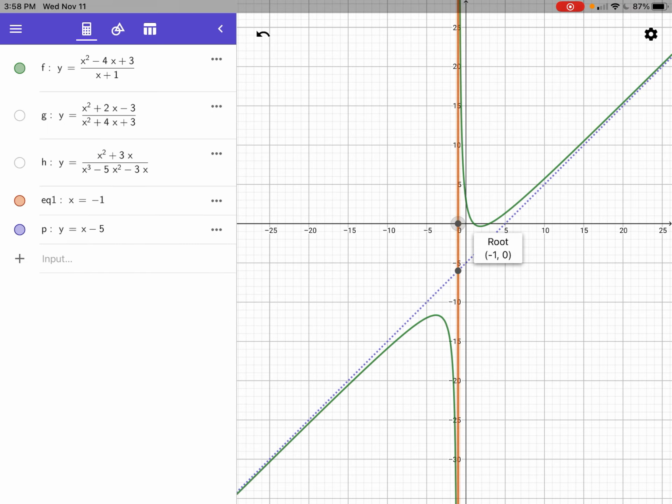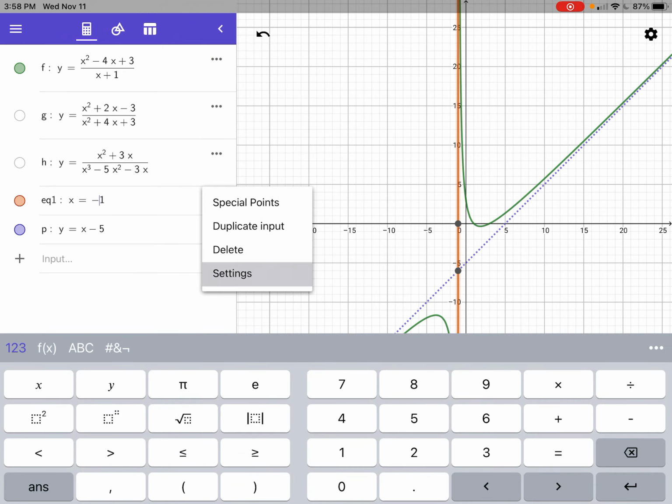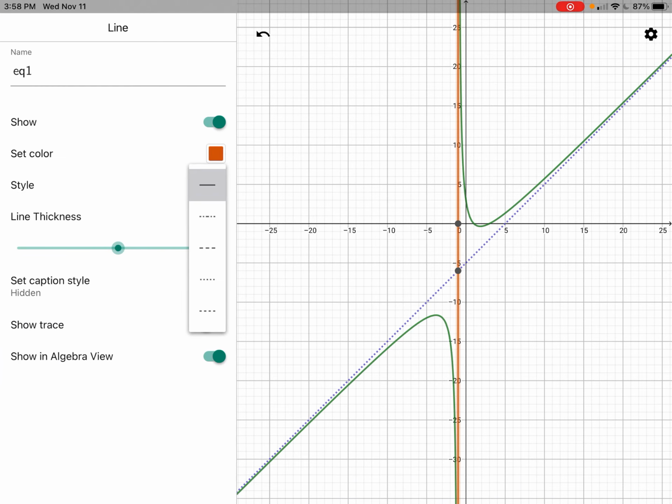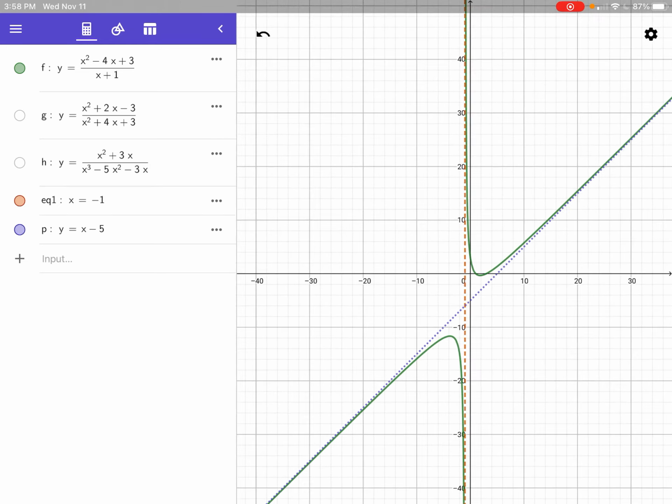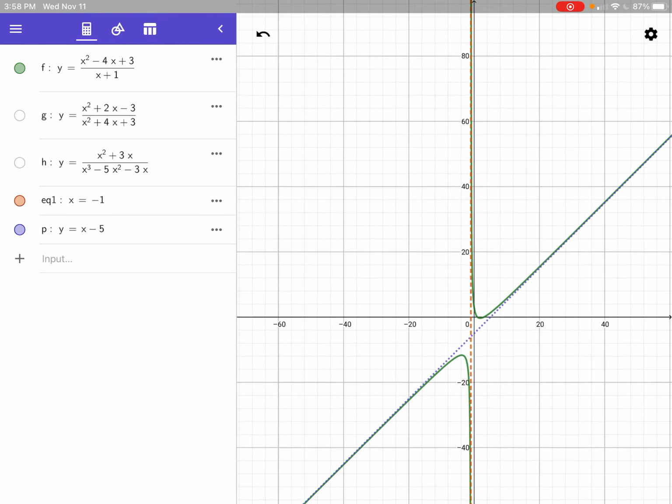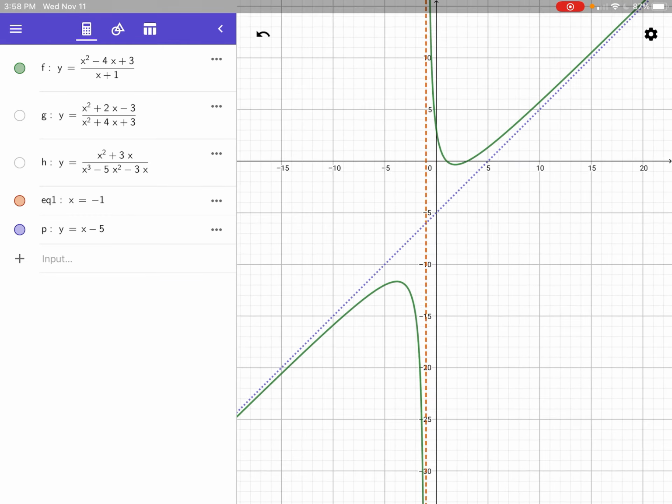So that kind of looks better. Settings, style, dashed. Okay. So now we can see the asymptotes, and they don't cross, right? They get really close, but they do not cross the asymptotes.